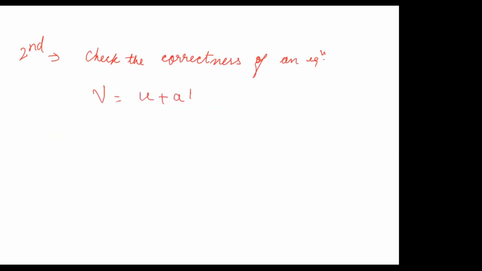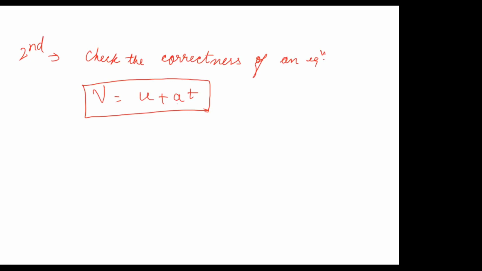I hope you remember this equation. This is your equation of motion, first equation of motion. Here, V is your final velocity, U is your initial velocity, A is the acceleration, and T is the time.